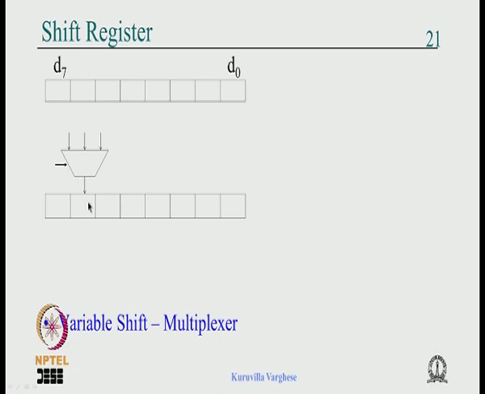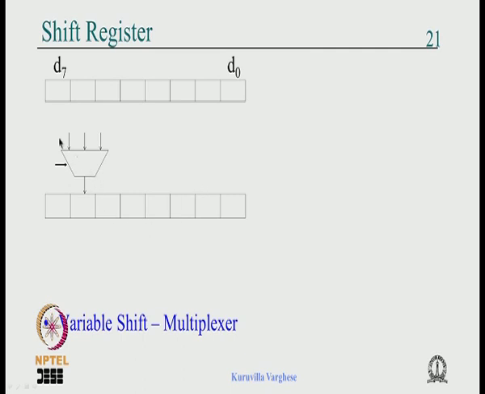In this case it is an 8 bit register, so you can use 8 multiplexers, which are all 3 to 1. But it is possible to view it, instead of 8 single bit multiplexers, as a kind of huge 8 to 1, 8 bit multiplexer.